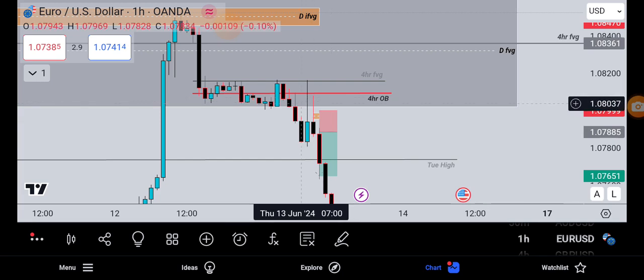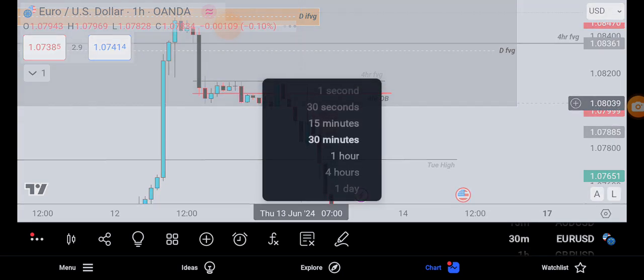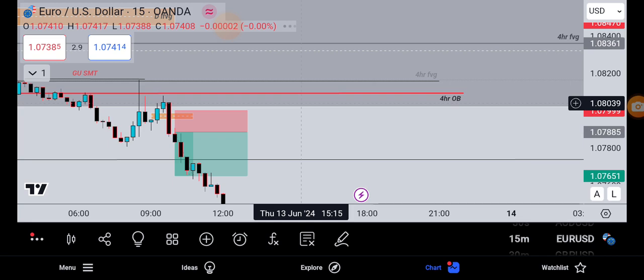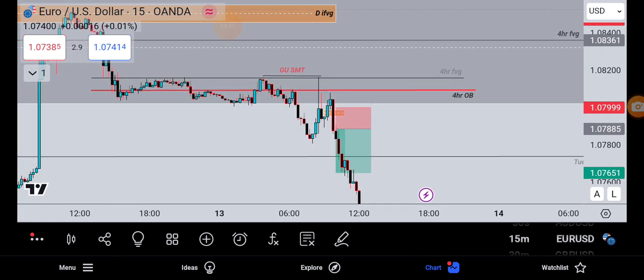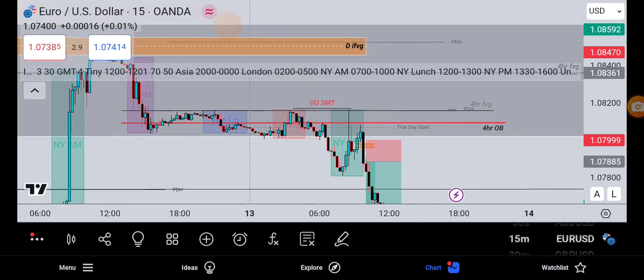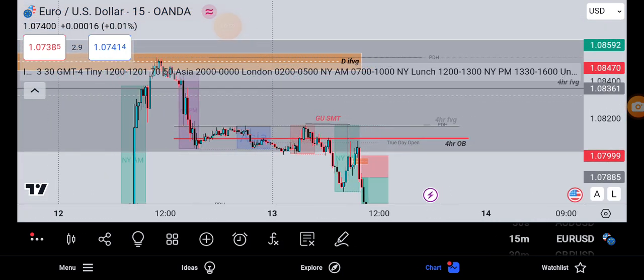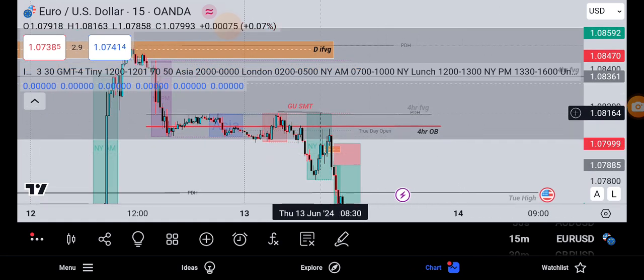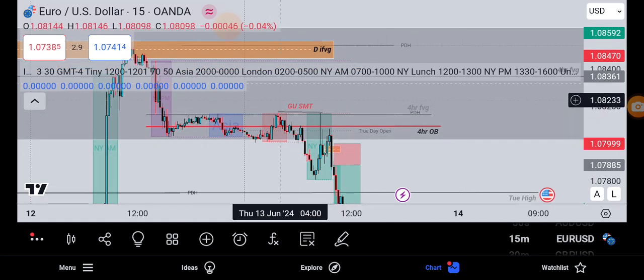With this price action, I dropped onto the 15 minutes time frame, and inside it I turned on my indicator. With that indicator, I noticed that during the London session we had cleared both Asia highs.